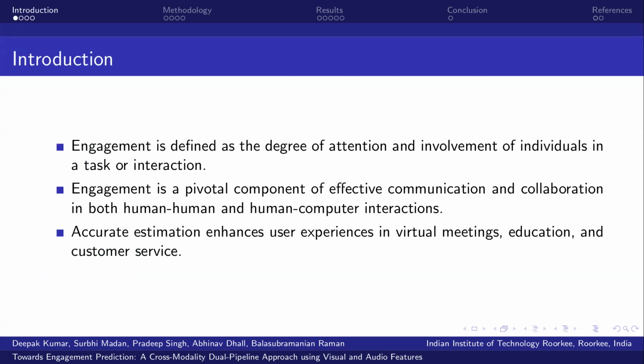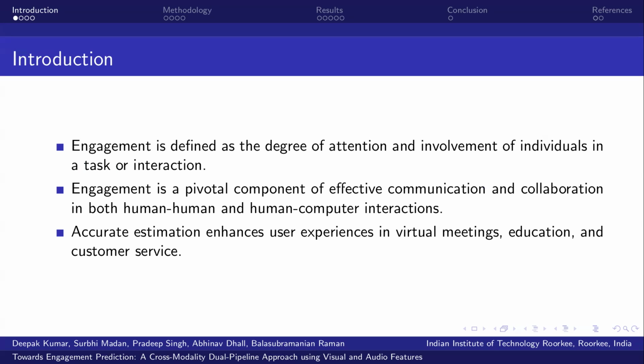In today's rapidly evolving world of artificial intelligence and machine learning, human-computer interaction has seen significant advancements. A crucial aspect of this interaction is engagement, defined as the degree of attention and involvement individuals show in a task or interaction.